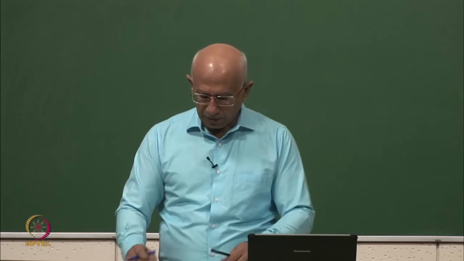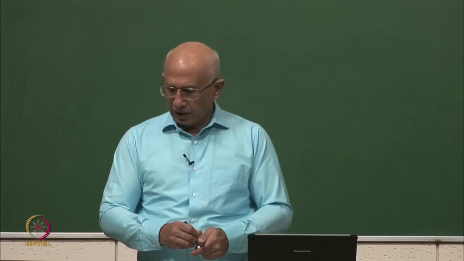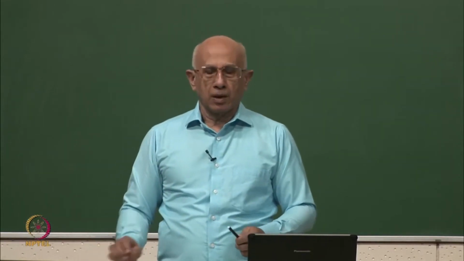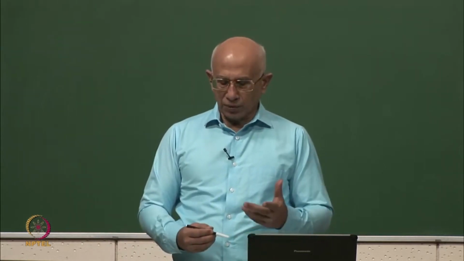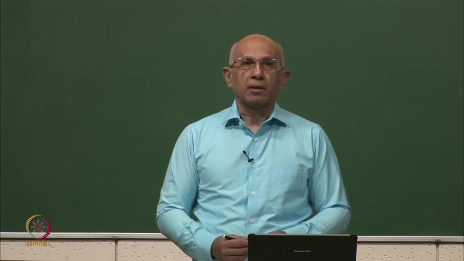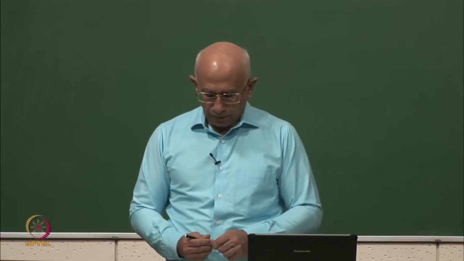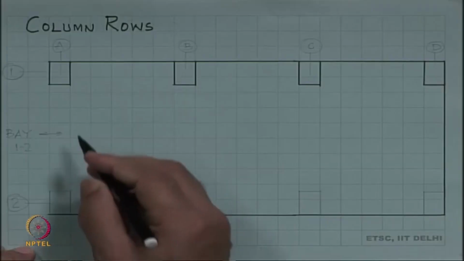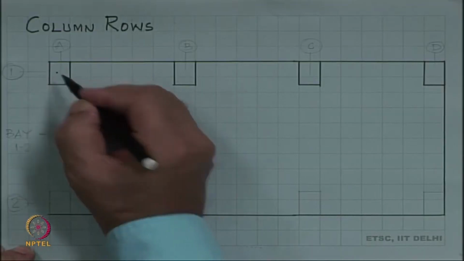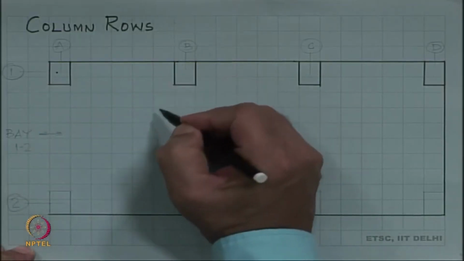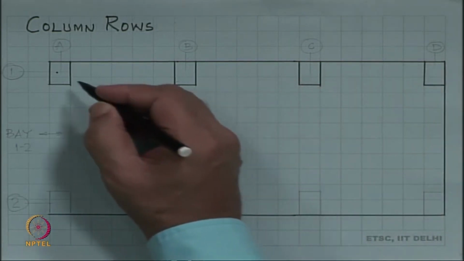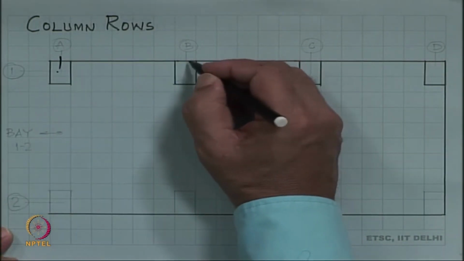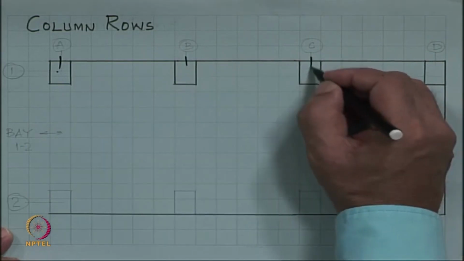Another type of construction which is fairly large in size is the rows of columns. This is what you would see in, say, a factory. So, what you have here is this column here, this column here, this column here, this column here, and with respect to their center line, we specify all their spacing.